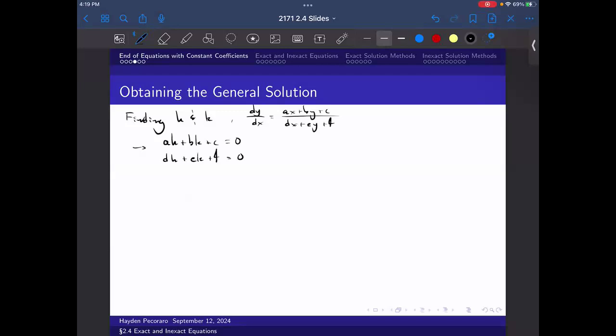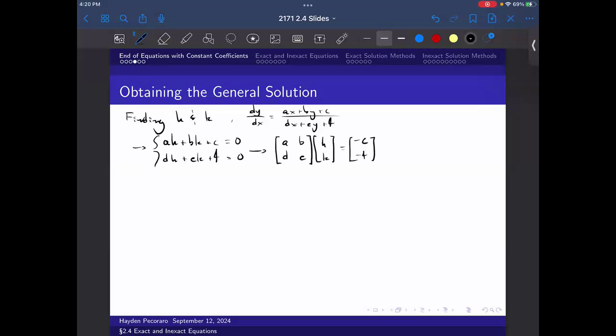This is a lot of letters. So what I'm going to do is walk us through the matrix method of solving this. We can write this as the matrix A, B, D, E times h, k, and this is equal to minus c, minus f.